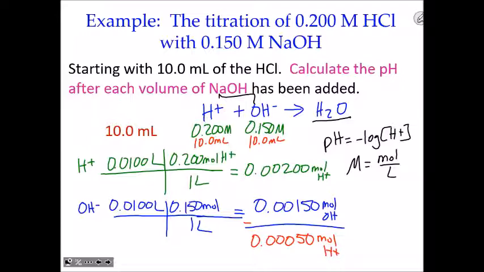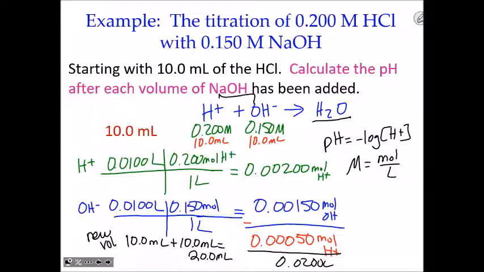What's left over? A very small amount of hydrogen, but that's just the moles. Then we need to do the what? The 10 milliliters plus the 10 milliliters gives us the new volume. Don't forget to do that step, because it'll throw off your concentration if you don't. So that's 20 milliliters, and we divide this by 0.0200 liters.